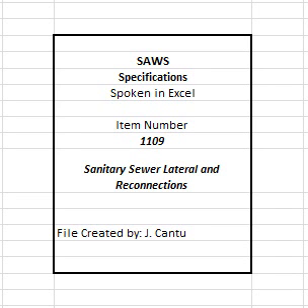B. ASTM D3034, Standard Specification for Type PSM Poly(Vinyl Chloride), PVC, Sewer Pipe and Fittings. C. ASTM D3212, Standard Specification for Joints for Drain and Sewer Plastic Pipes Using Flexible Elastomeric Seals. D. ASTM F477, Standard Specification for Elastomeric Seals, Gaskets, for Joining Plastic Pipe.